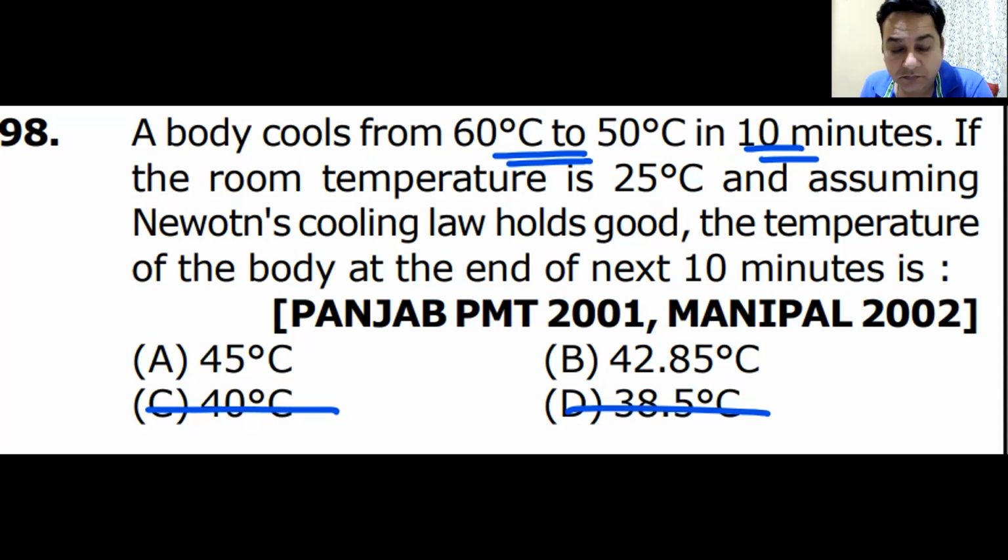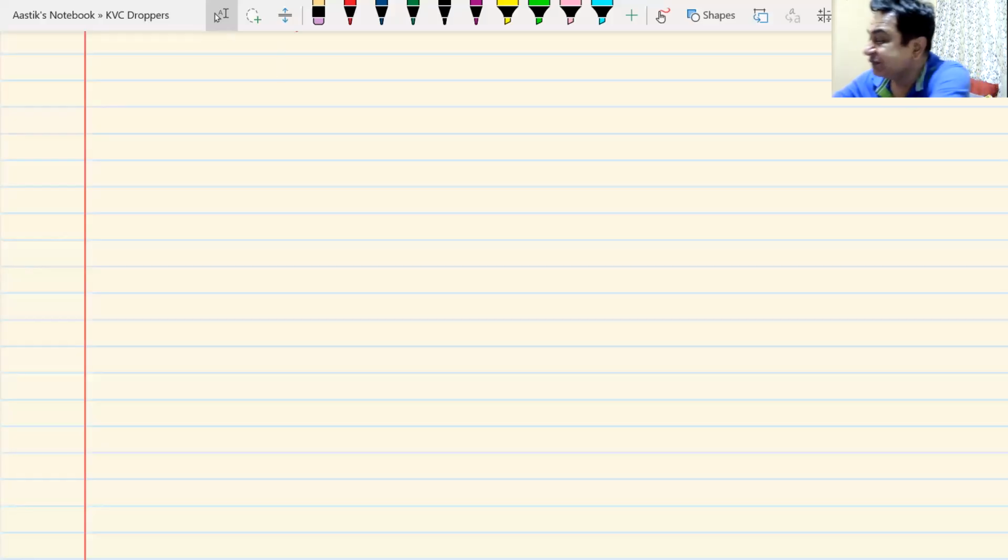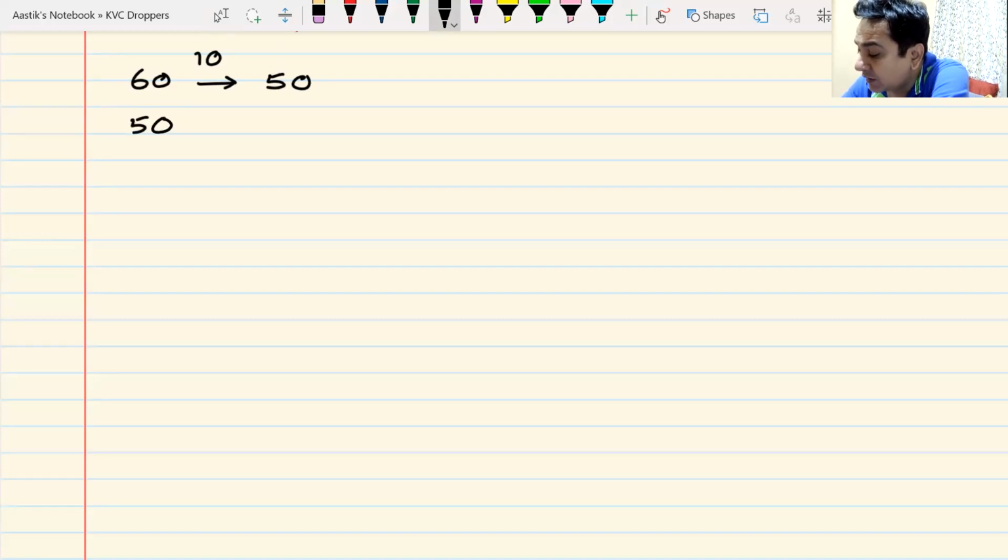Okay. How to do this? 60 to 50. It required 10 minutes. And I have to find out how much it will go in the next 10 minutes. In the next 10 minutes, let us say the temperature is theta. Do we understand this?